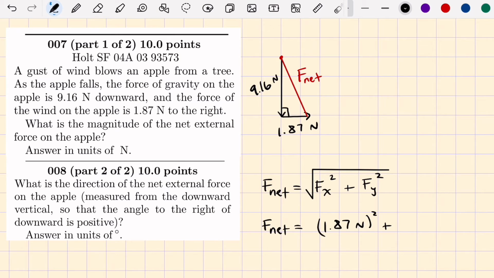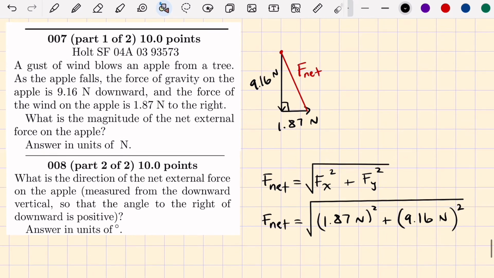And then the force along the y, 9.60 newtons downward. Maybe I should have written this negatively because it's down. I did not specify whether down is positive or negative. For this one, we're just assuming it's positive. It doesn't really matter because we're taking the square of it. And that will give you the net external force.